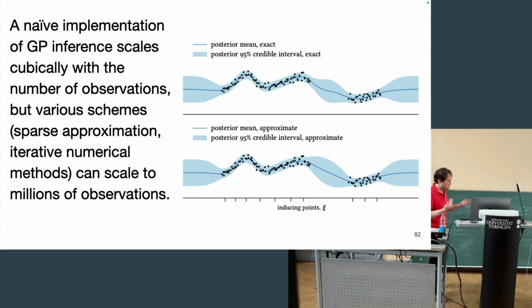And so there's sparse approximations or iterative numerical methods that we can use to scale to much larger data sets. Again, the GPyTorch software is doing quite a bit of work to make that accessible to you. And so here, I think thinking about this notion of computational uncertainty, et cetera, obviously ties into reasoning about the underlying inference underlying this experimental design process.